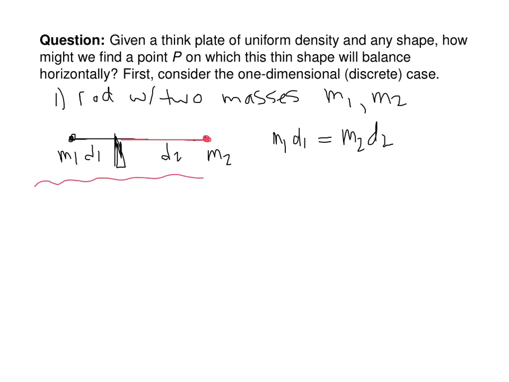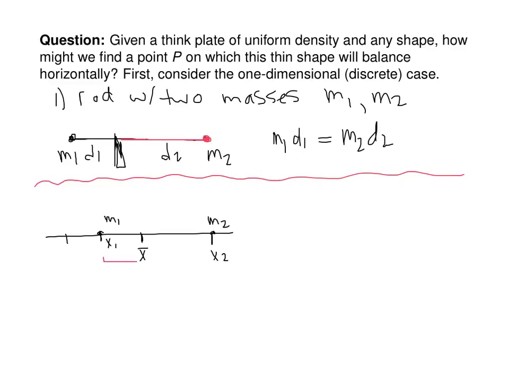Now, next, suppose the rod is instead on the x-axis. So we have some point x1, which has a mass of m1. We have some point x2 that has a mass of m2 located there, and that fulcrum point, we're going to call that x bar. Now this distance here is x bar minus x1.